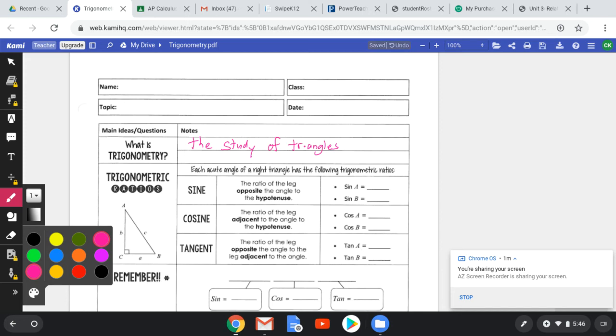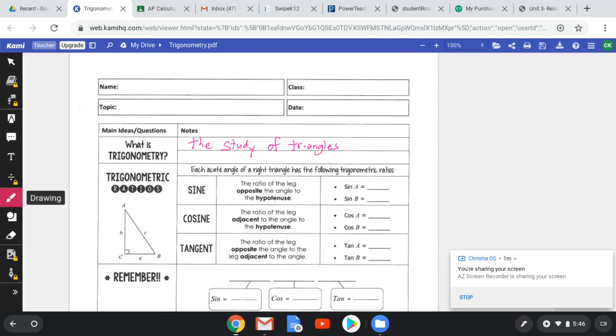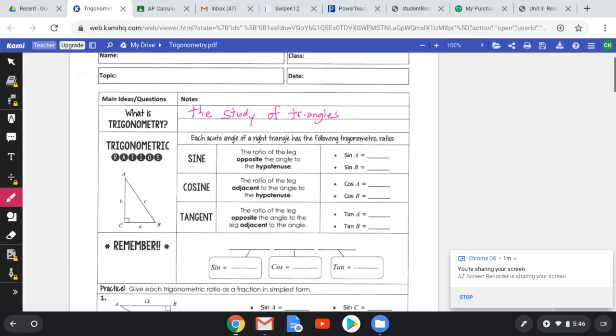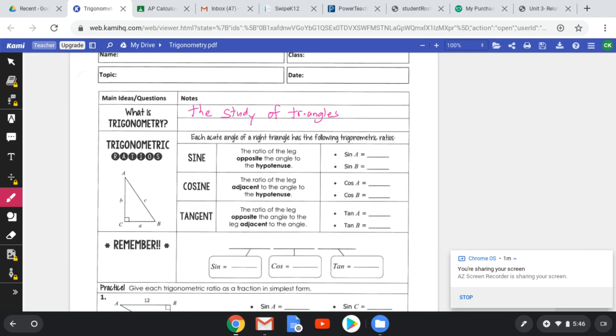So we have our first trig function, which is called sine. Sine is the ratio of the leg opposite the angle, remember it's the acute angle, to the hypotenuse. If I look at the drawing right here, sine of A, here's A. What's the side opposite of A? That would be little a.